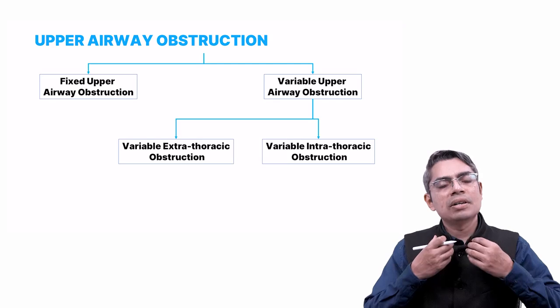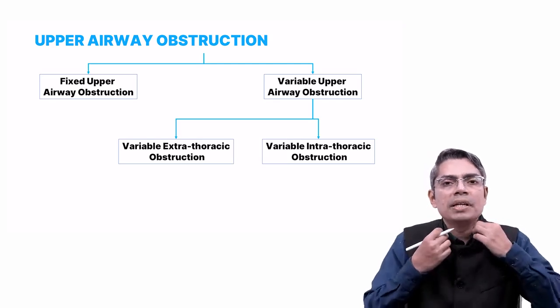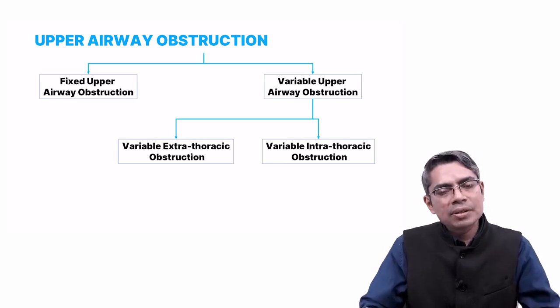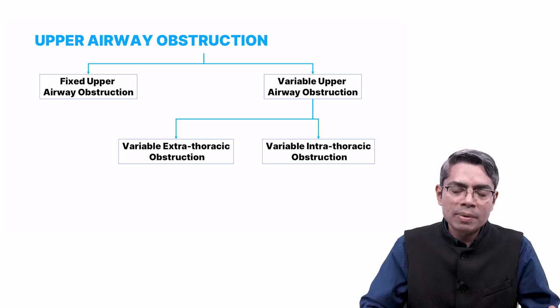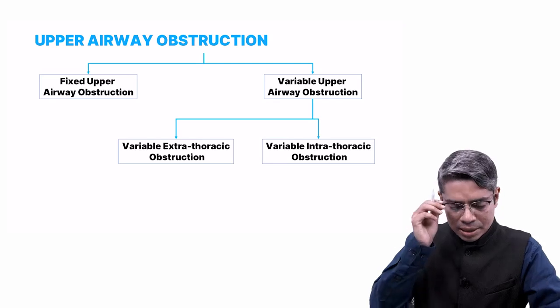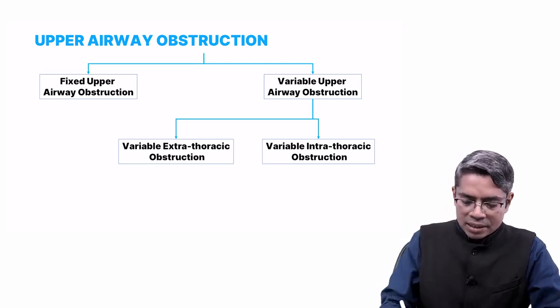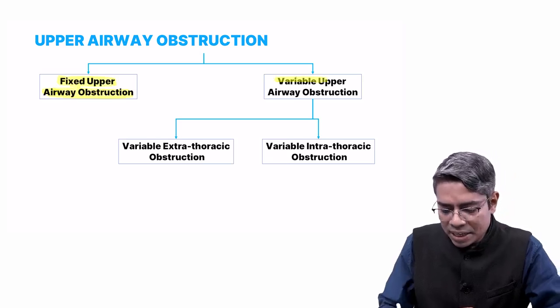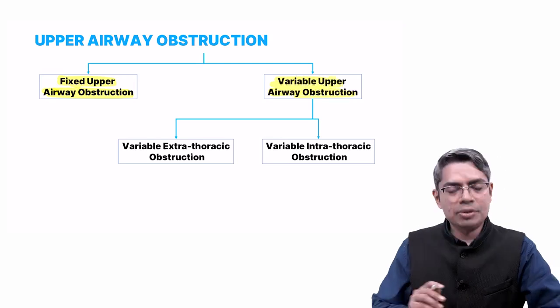But what about the bigger airways? If there is a problem in the bigger airways, trachea, bronchi, major branches of the bronchi, then can you diagnose with the help of the flow volume loop? Answer is very, very yes. So upper airways obstruction is divided into fixed upper airways obstruction and variable upper airways obstruction.